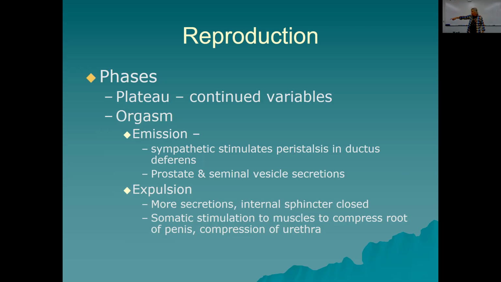Emission: sympathetic stimulates peristalsis in the ductus deferens. So the peristalsis starts in the ductus deferens. The prostate and seminal vesicle emit their secretions.